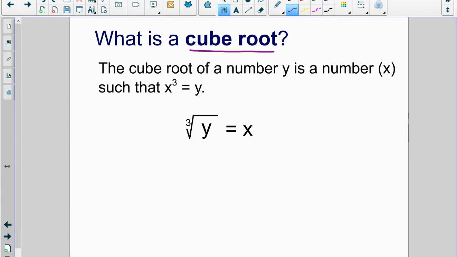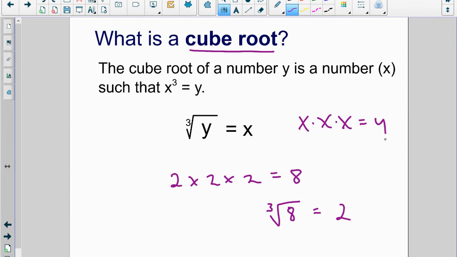For example, as we just saw on the previous screen, where we said 2 times 2 times 2 equals 8, that means that the cube root of 8 is equal to 2, because the number 2 was multiplied 3 times to get the value inside the radical symbol. So the cube root of y is x if x times x times x equals y.